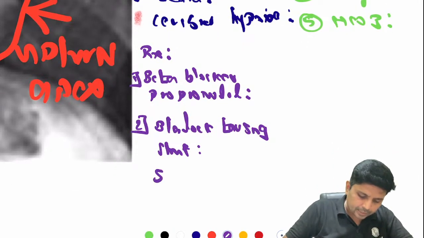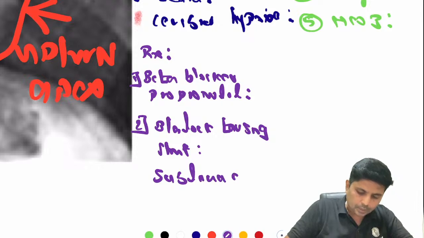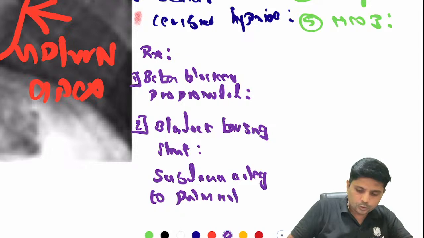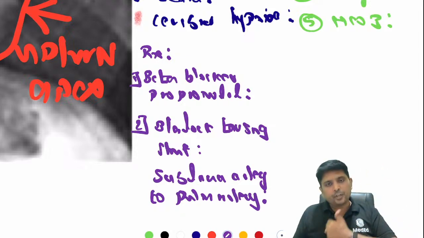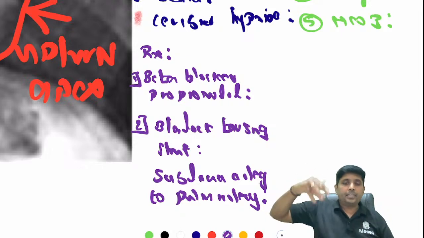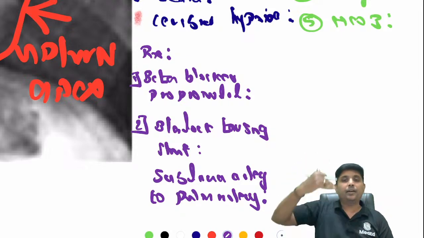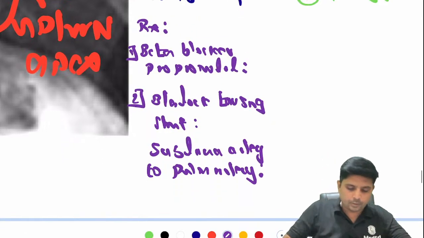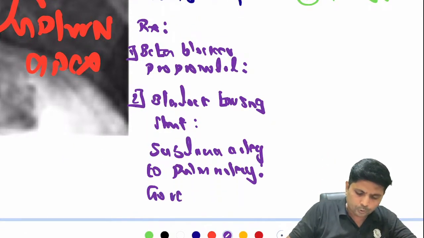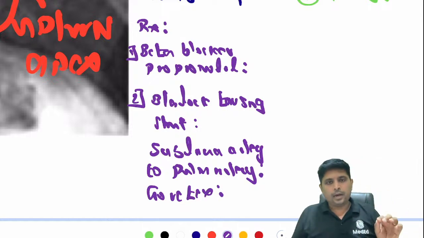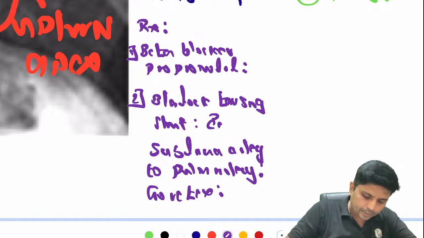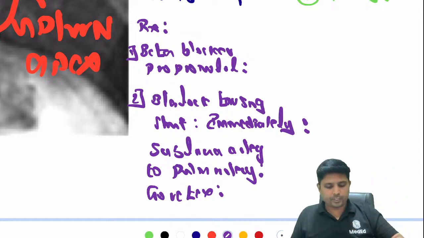They will connect the subclavian artery to the pulmonary artery, so that you are bypassing the stenosis. Blood, instead of going from the right ventricle to the pulmonary artery, goes from the subclavian artery to the pulmonary artery. This shunt should be done immediately, as soon as the child recovers from the cyanotic spell.